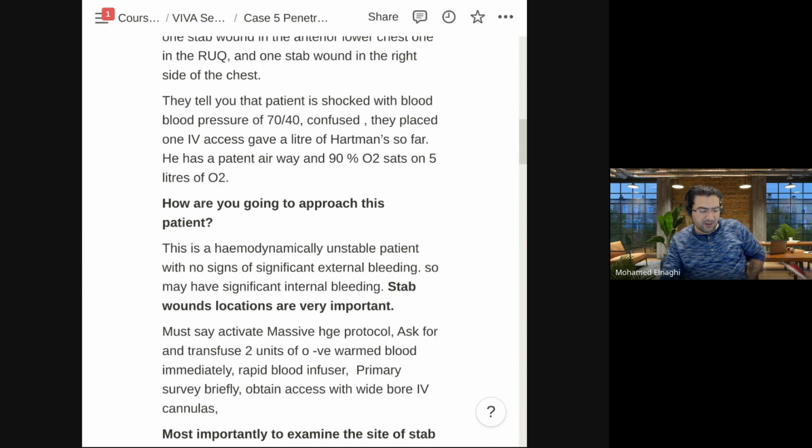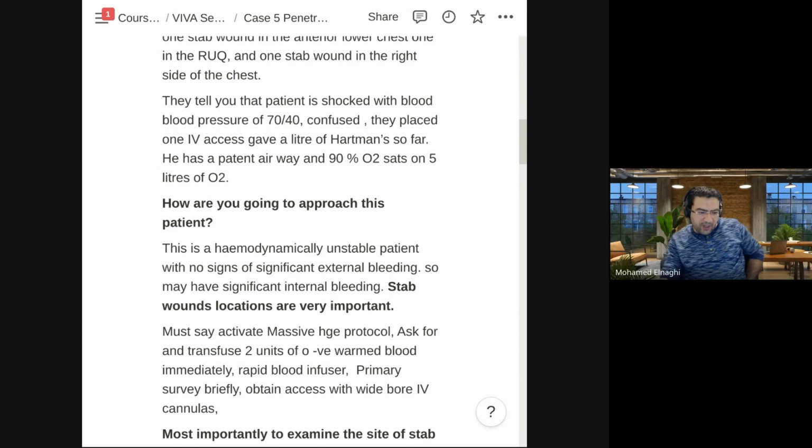For example, some people would say we have 6 bags of FFP and 6 bags of RBCs that we transfuse to the patient. Some people would have a different protocol, maybe 4 and 4, and maybe 2 pools of platelets.